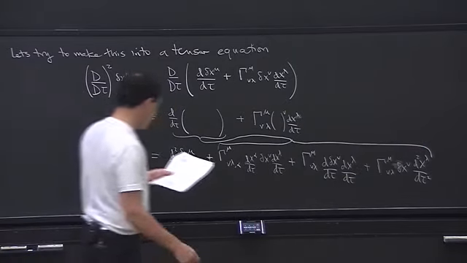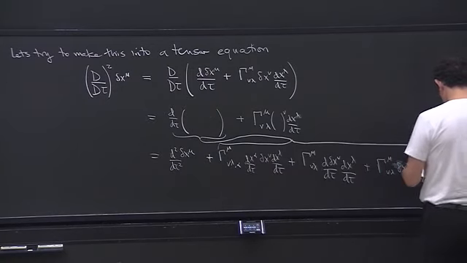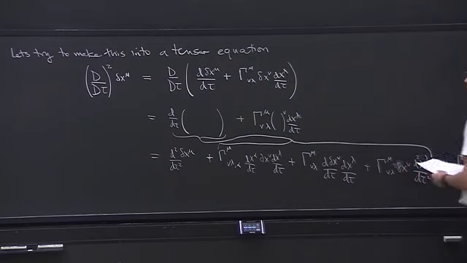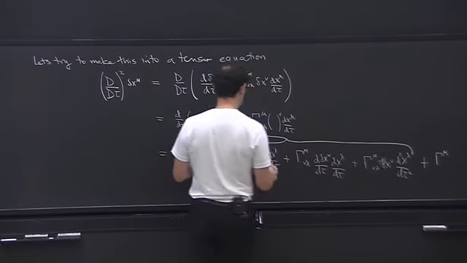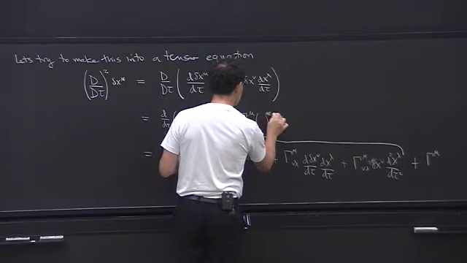And I've got to add in the last term, the second term, and that is plus gamma mu. Let me use some new indices here. Alpha, beta, and alpha, beta.